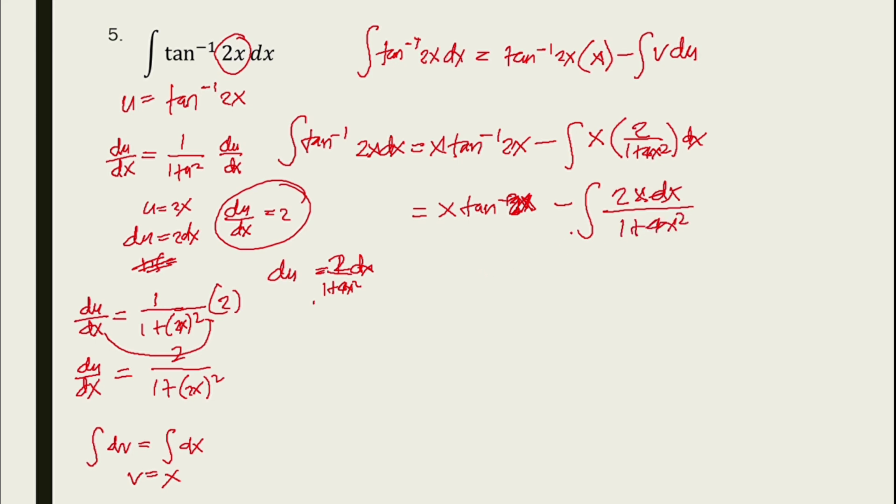So next, we have to integrate this part. By letting u is equal to 1 plus 4x squared, our du is equal to 8x dx. So therefore, we have to neutralize it. We have here 1/8. So by neutralizing factor, since this is 2, we have to extract here.